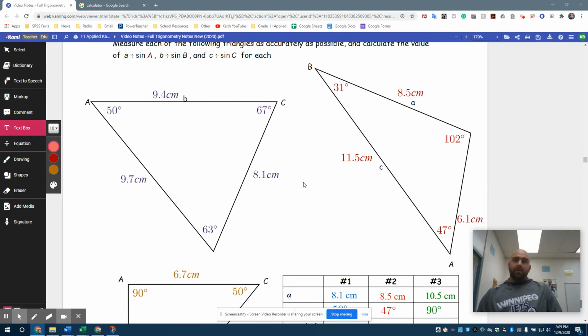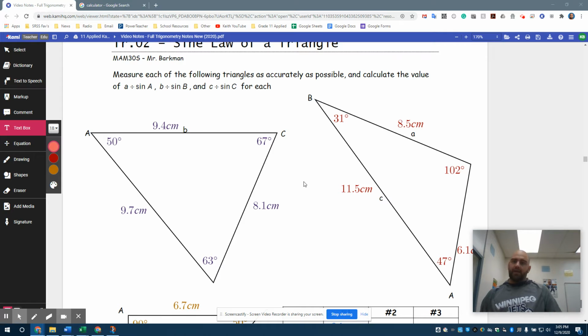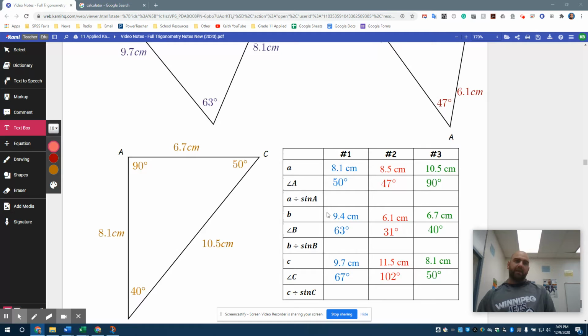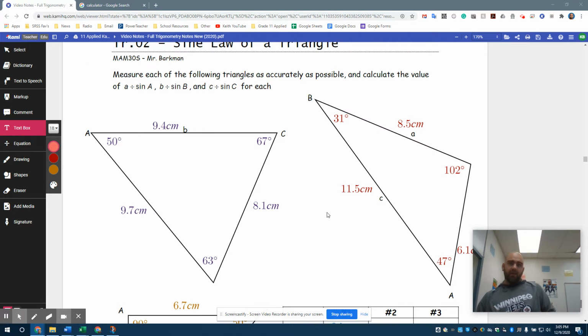So here is the first little activity that I would normally have done with you as a class, but we're going to do it a little bit differently today. I'm just going to go through it really quickly. I have 3 triangles on the first page. I've done the measurements already and written those out, so you don't have to.